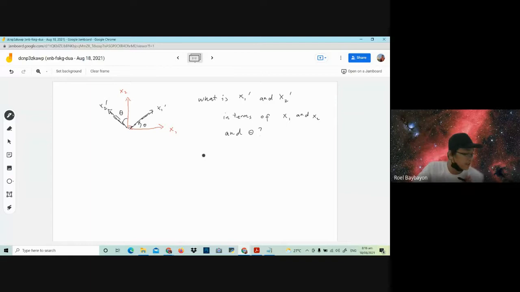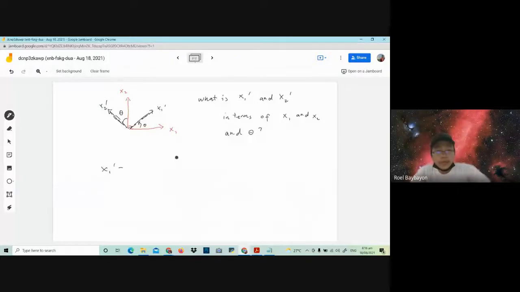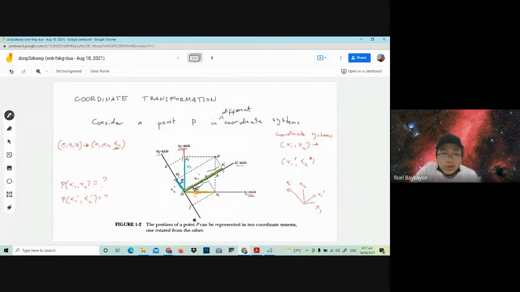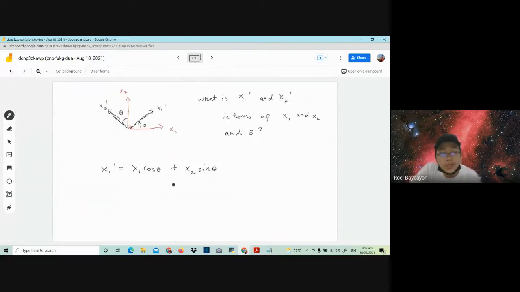I will give you the answer. Based on this figure, x1 prime is equal to x1 cosine theta plus x2 sine theta. Again, this is a basic derivation using trigonometry.